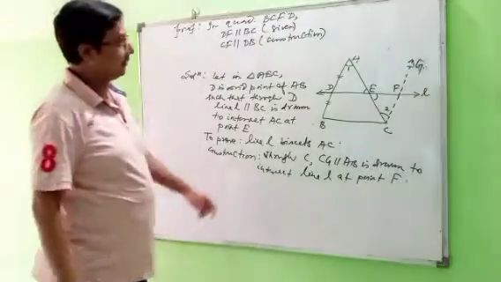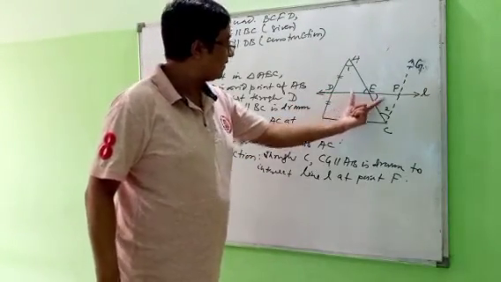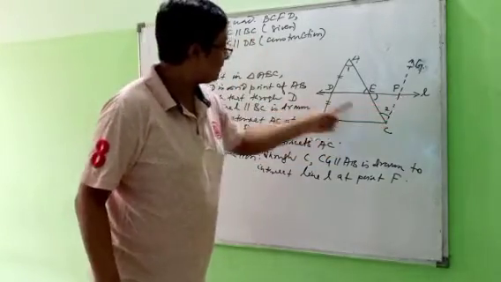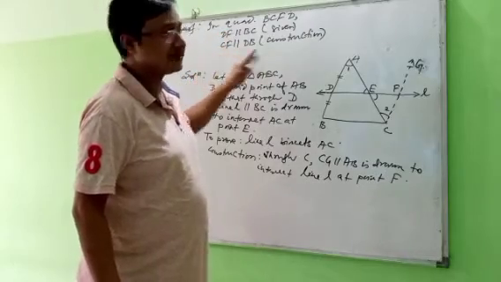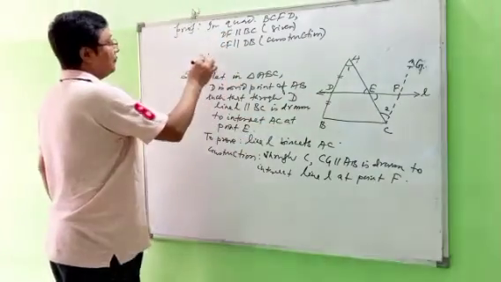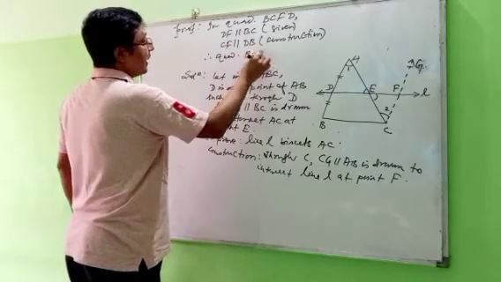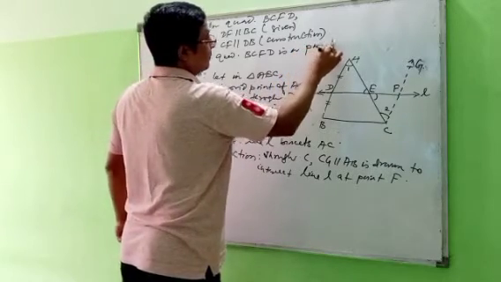Now you see both pairs of opposite sides are parallel: DF is parallel to BC, and CF is parallel to DB. Therefore, quadrilateral BCFD is a parallelogram.